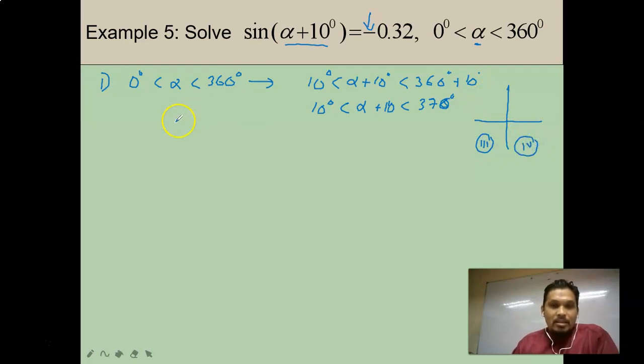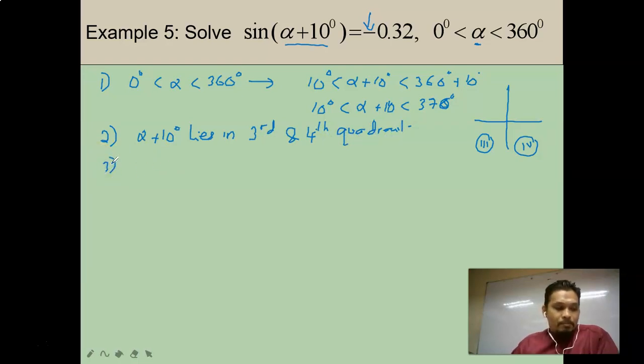Okay, so now second step. We clarify that alpha plus 10 degrees lies in the third and fourth quadrants. Step number 3, find the basic angle.